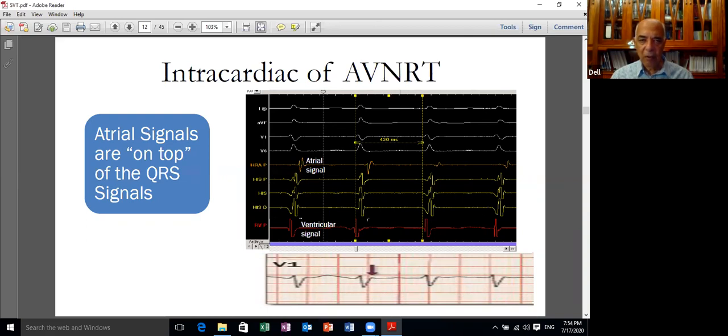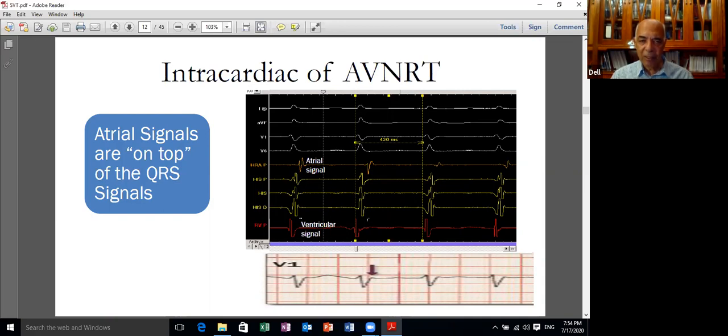As I always say, go from what you know to what you do not know. This red deflection is a ventricular activation because it coincides with the QRS complex, and the His bundle deflection is in the His bundle lead.